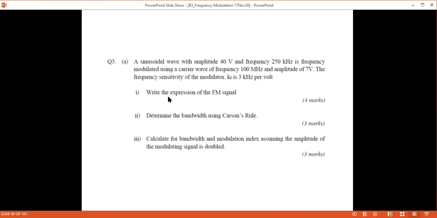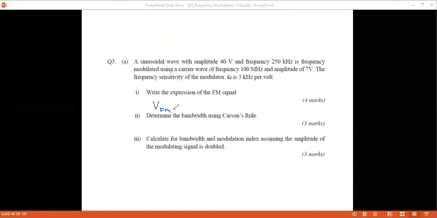Here you need to use the general equation of FM signal. So what's the expression again? vFM(t) equals Ec cos omega c t plus beta sine omega m t.